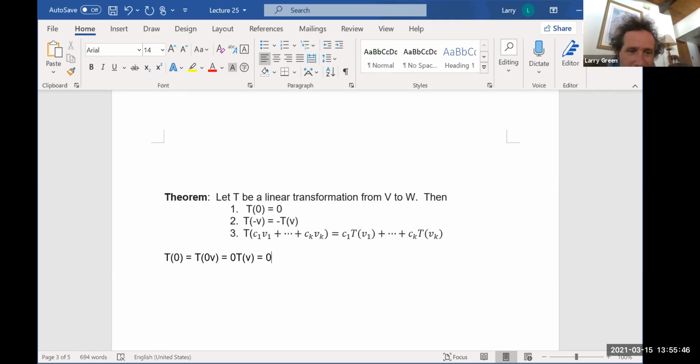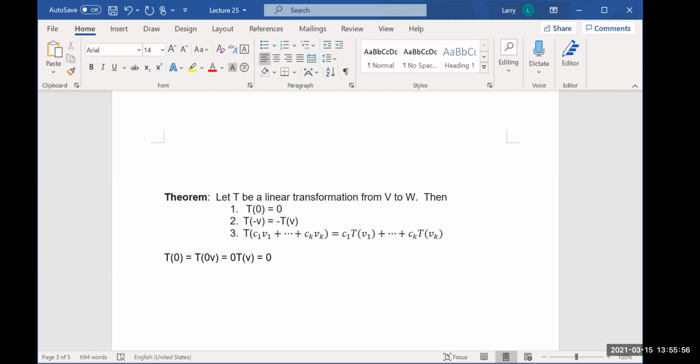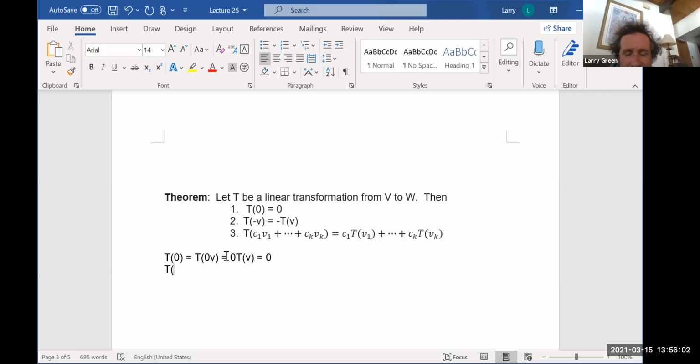Any questions on the proof? Okay. How about number 2? Any ideas? Doing the same thing. Similar, not the same. We're not going to put a 0 in there because that just zeroes everything out. But we can go T of negative v equals, it's not going to be 0v. Now what is it going to be?